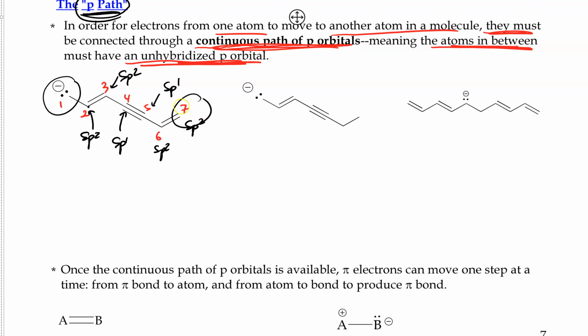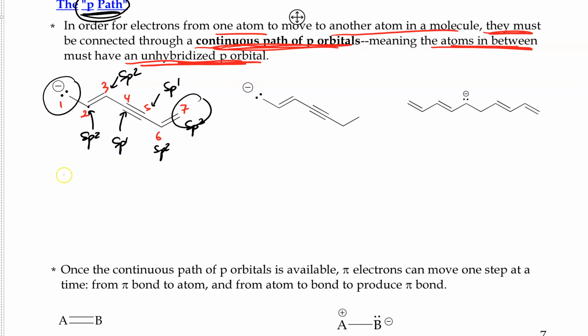So in this case it is possible for the electron to push all the way from 1 to 7. Of course, the electron can be donated from carbon 1 to another carbon in between first, but then finally get all the way to carbon 7. So there will be a lot of resonance structures that we'll be able to draw for this molecule.